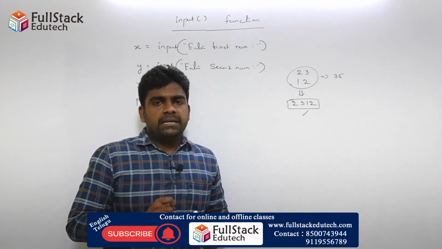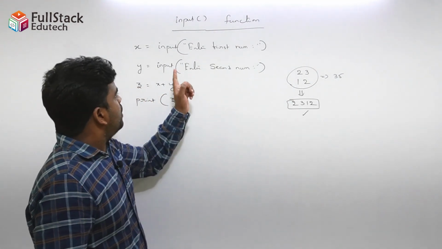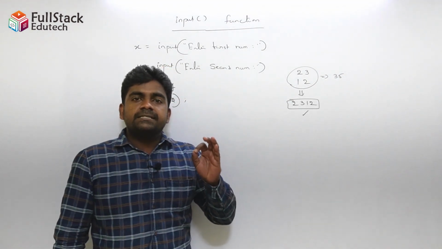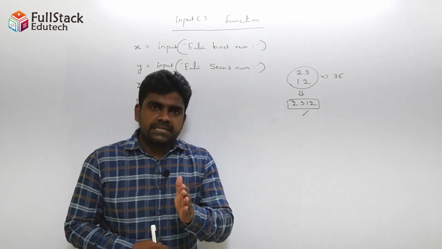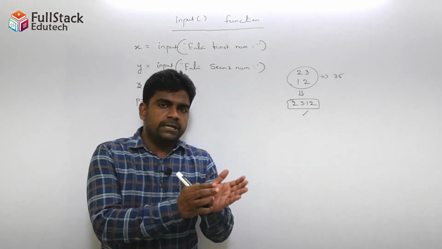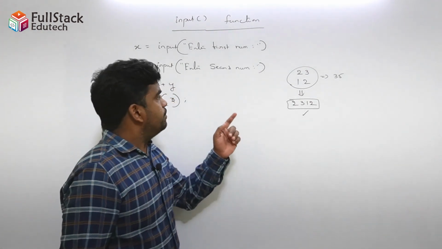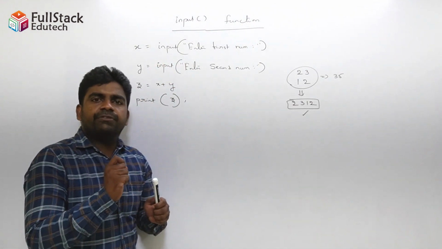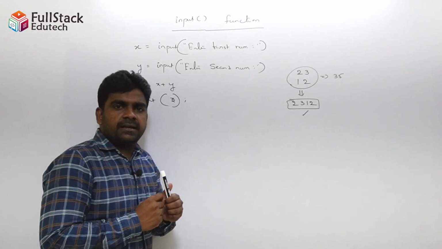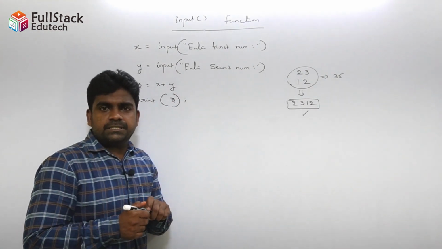The reason is simple. The input function always takes the input in string format only, text format only. The text you need to convert into the corresponding type using conversion functions. There are different conversion functions, and I'll explain all of them.